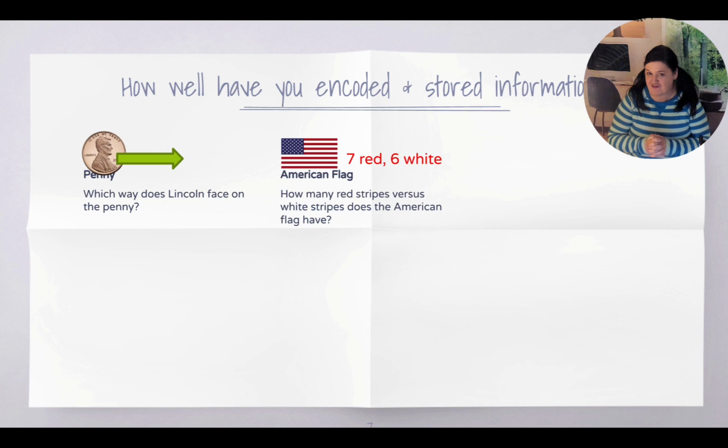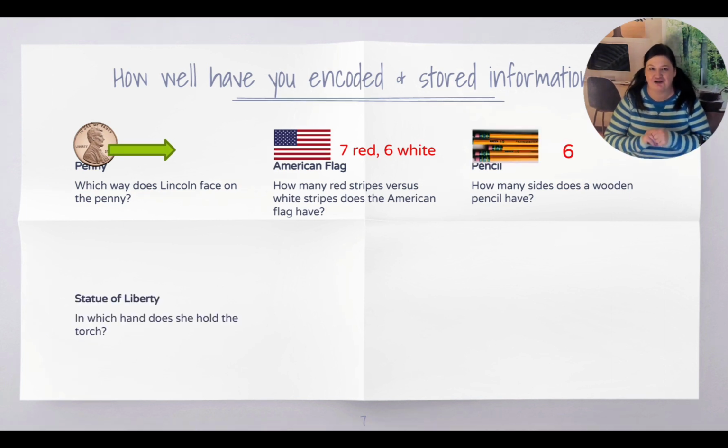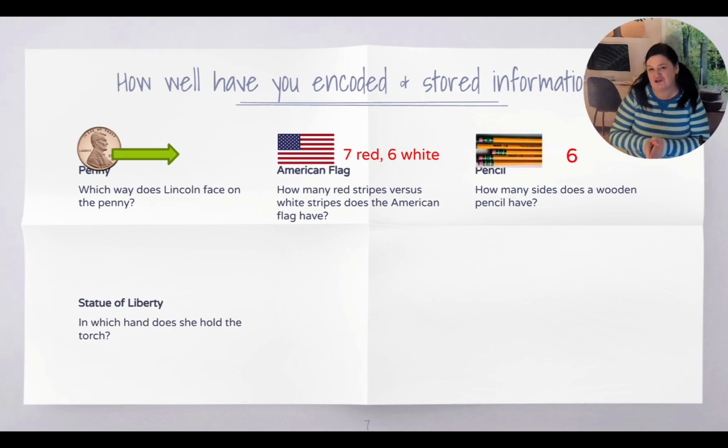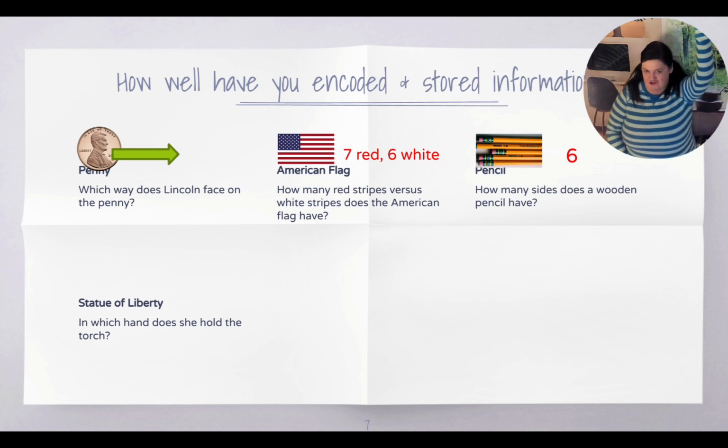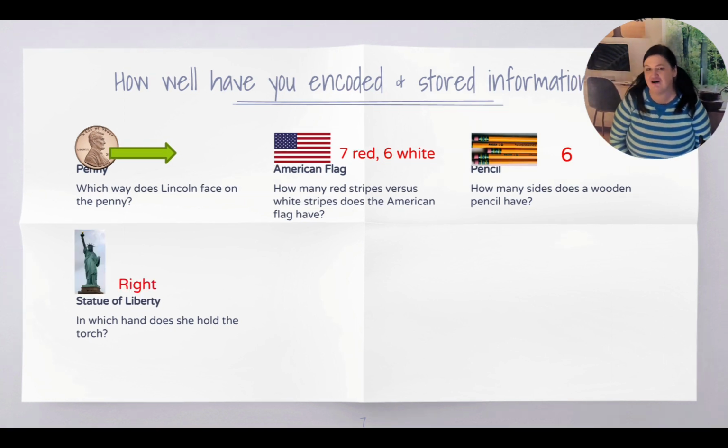Envision a pencil in your head. How many sides do you think a wooden pencil has, if you had to guess? 6? Very good. How about the Statue of Liberty? Is she holding the torch in the left arm or the right arm? Hopefully you said, just like Abraham Lincoln, that she is using her right arm.